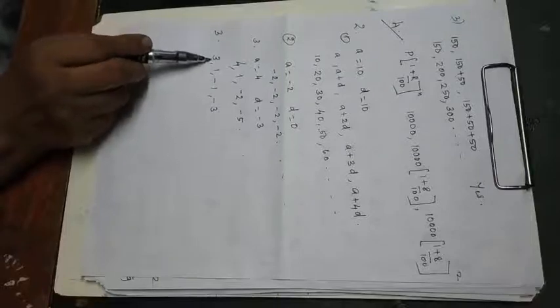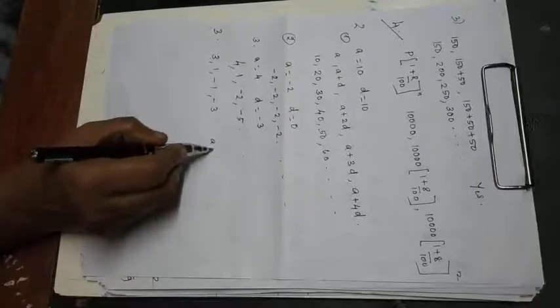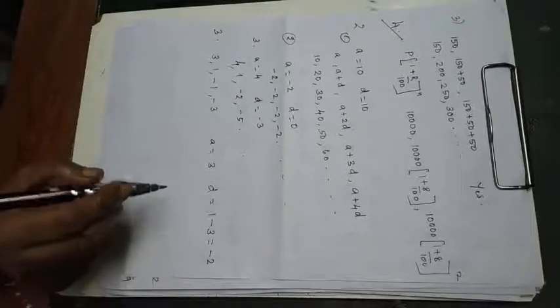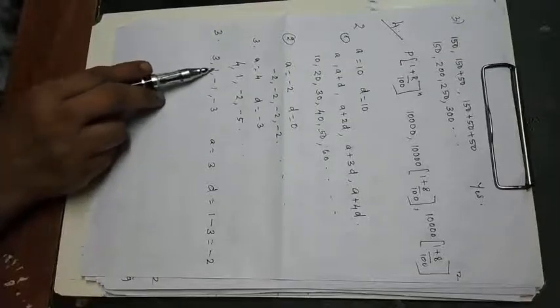What is the first term? 3. A is 3. D is what? 1 minus 3, that is -2. Second term minus first term, or third term minus second term. So here 1 minus 3 you take, -2.